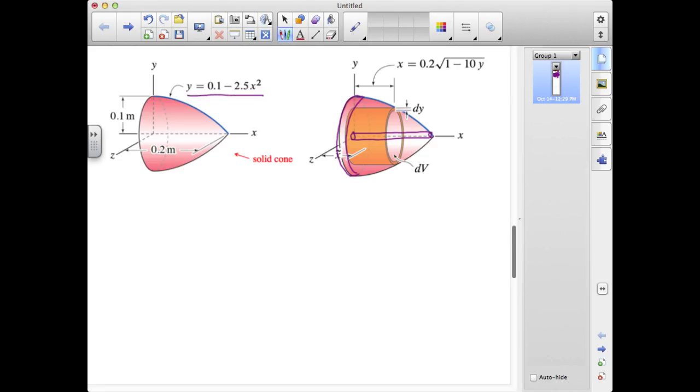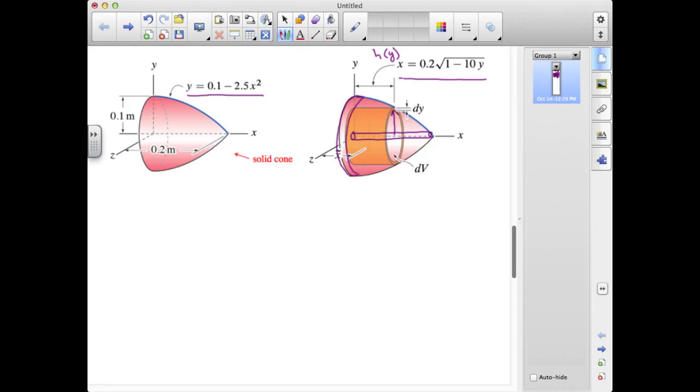So now we're going to write x as a function of y. That is the height of our cylinder as a function of y. The radius is just y. Every material point at a particular value of y is at the same radial position.